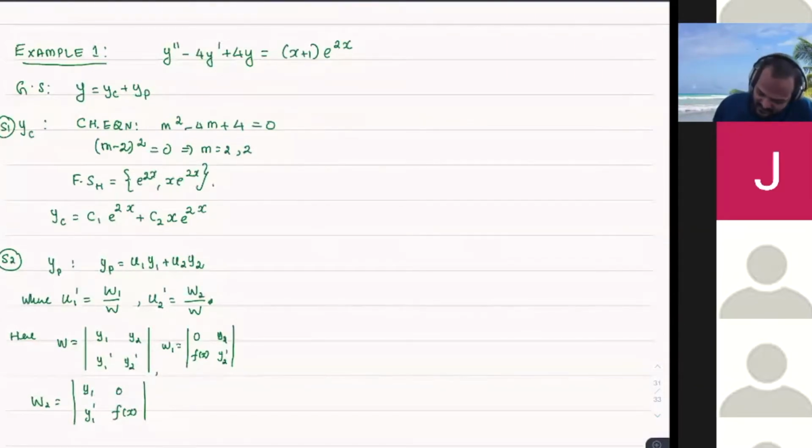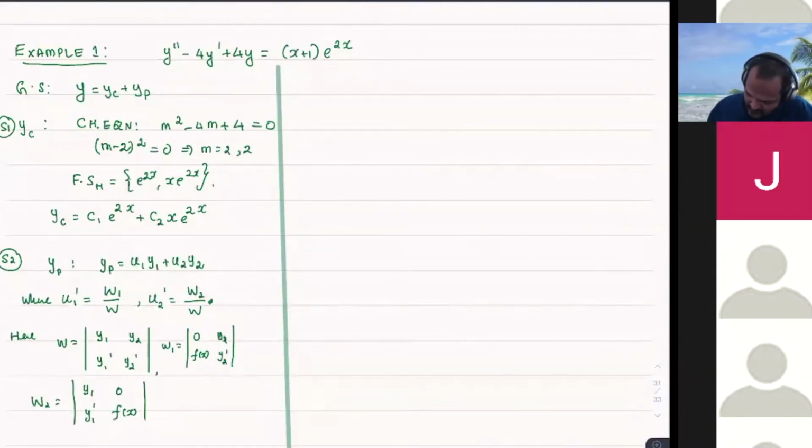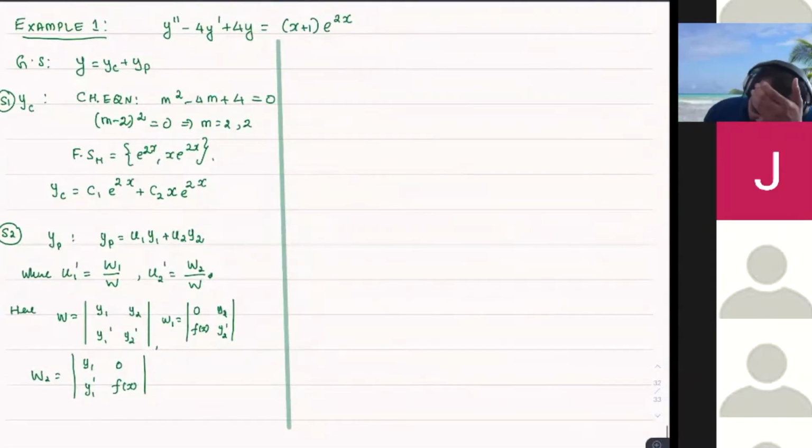Now let's try to find the u1 and u2 prime, right? So managing too many things. Now what do you have? We have u1 prime is going to be all that, right?